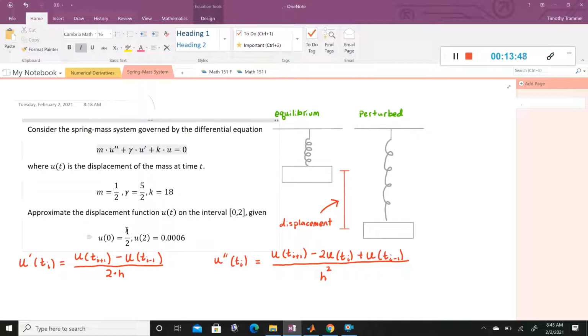We're given that the initial displacement is 1/2, and then we're given at the end point of our interval, 2, the displacement is pretty close to 0. All right. So the next thing we're going to do is actually use these derivatives we have here and plug them into the differential equation above.